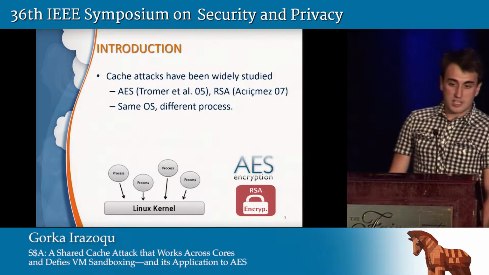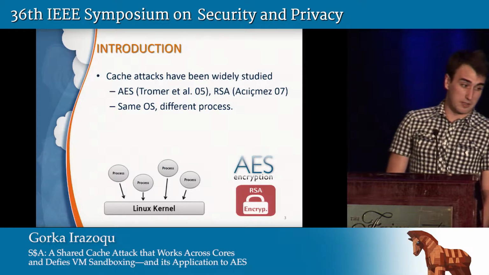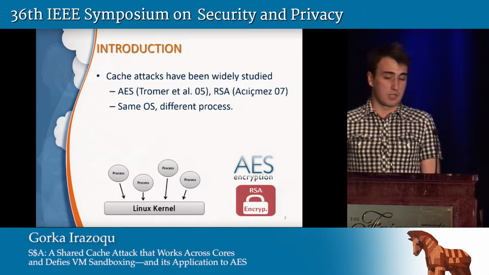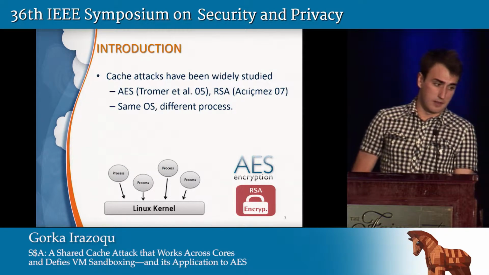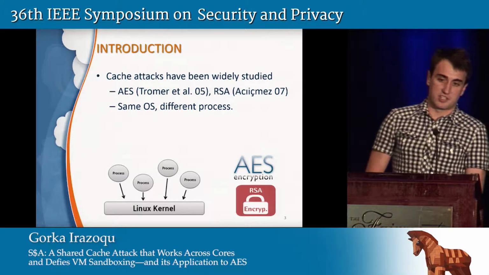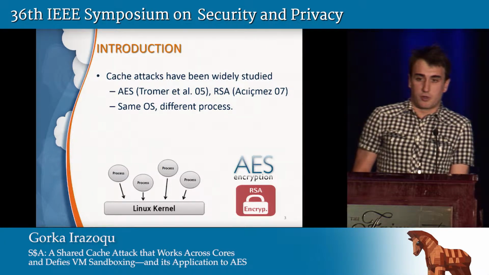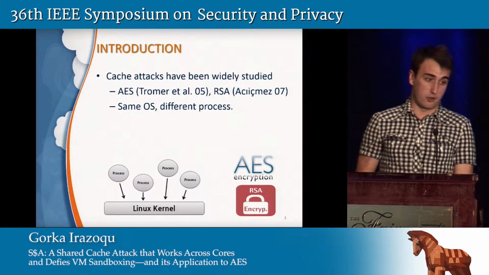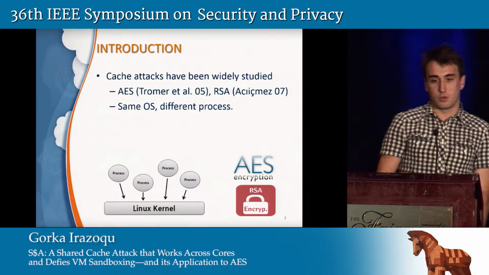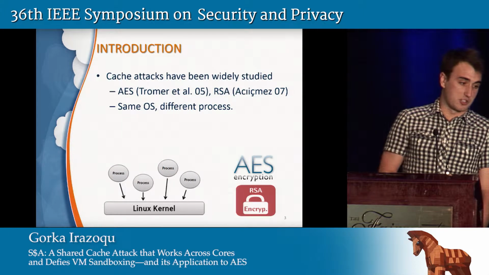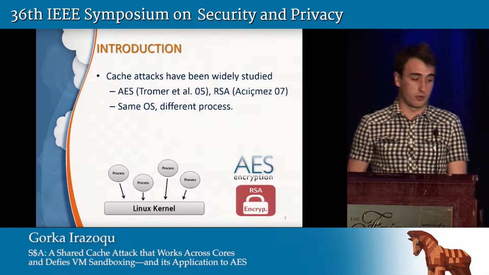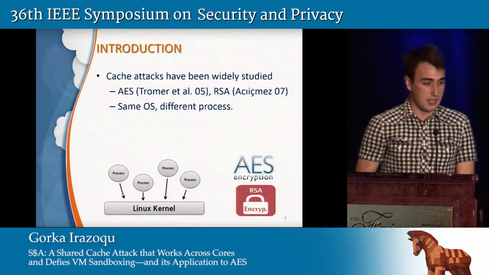So these attacks are really nice, but they have a practicality issue because they assume that both the victim and the spy process are being executed in the same OS, which indeed is not very practical. I cannot imagine a scenario where I can go to a victim's OS and execute a spy process concurrently with his vulnerable process.